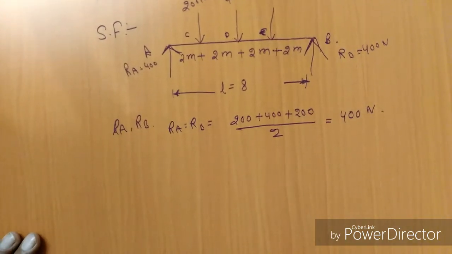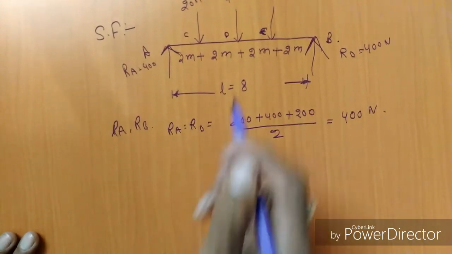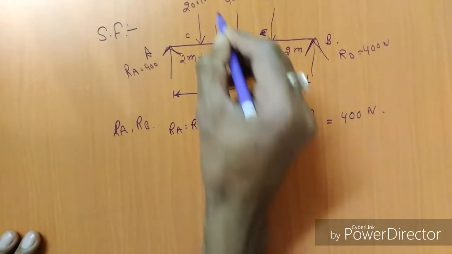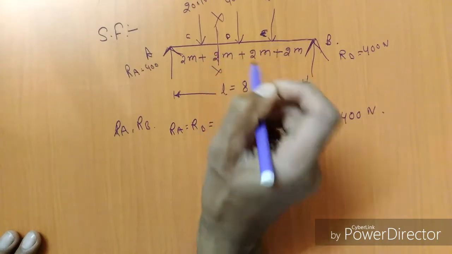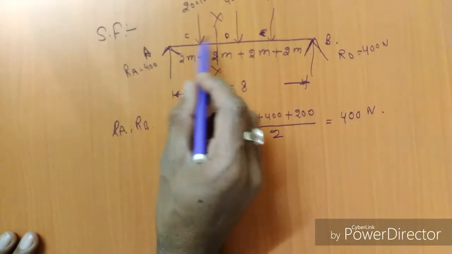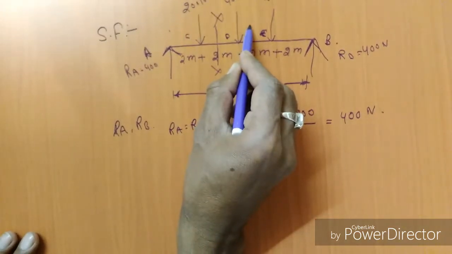So after that, calculating the shear force. Consider a section x at any point from point A. This is the left hand side, this is the right hand side.